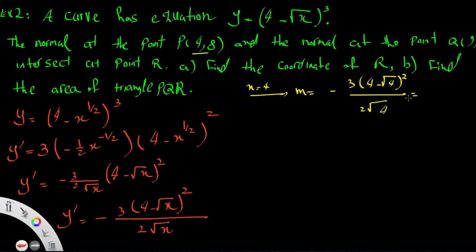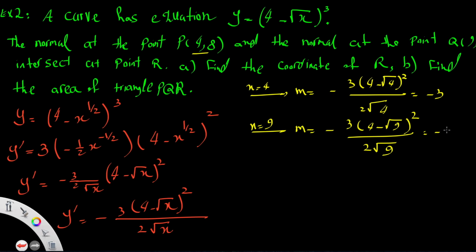It will give you negative 3 as the answer, and if x is 9, m at point Q will be equal to negative 3, 4 minus root 9 to the power of 2, over 2 root 9, which will give you negative 1 over 2.